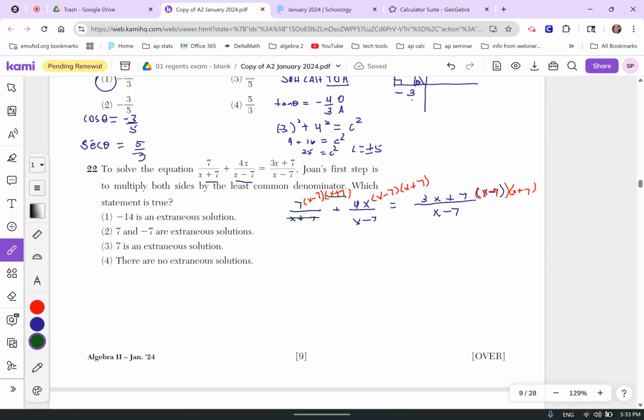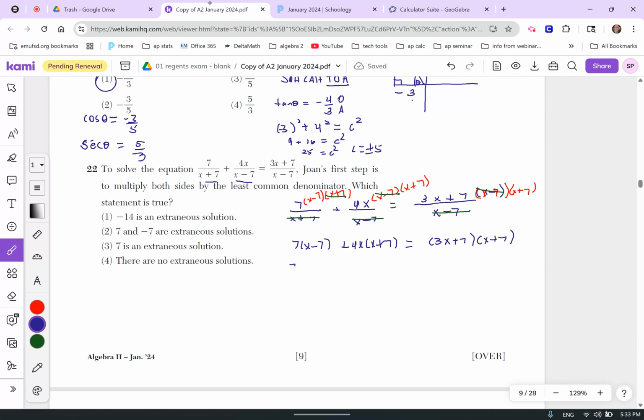I now reduce the common terms, and I'm left with 7 times x minus 7 plus 4x times x plus 7 is equal to parentheses 3x plus 7 times x plus 7.